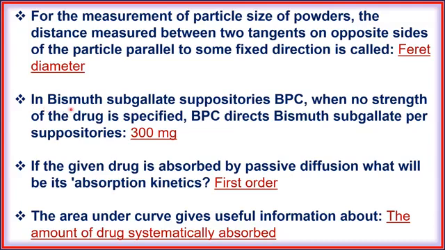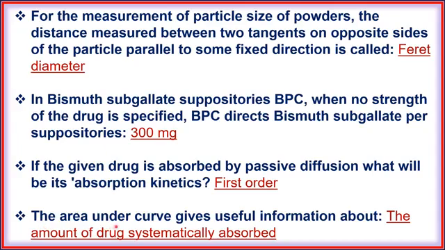Next, in bismuth subgallate suppositories BPC, when no strength of drug is specified, BPC directs bismuth subgallate per suppository 300 mg. Next, if the given drug is absorbed by passive diffusion, what will be its absorption kinetics? First order.